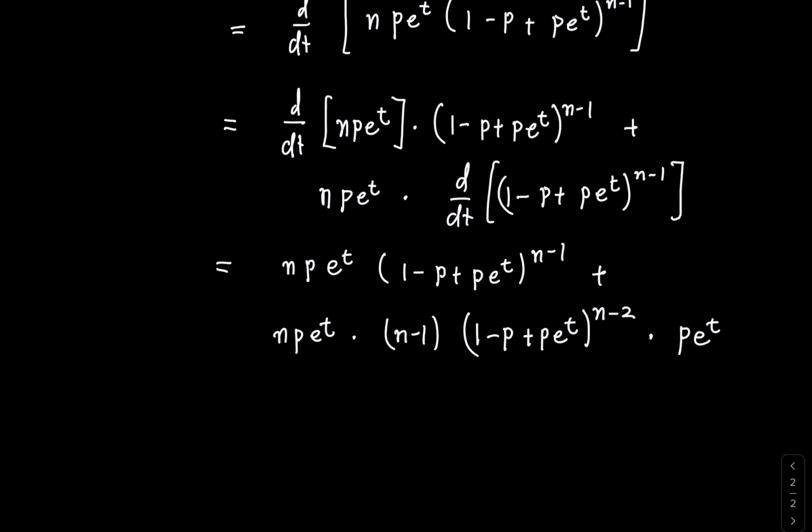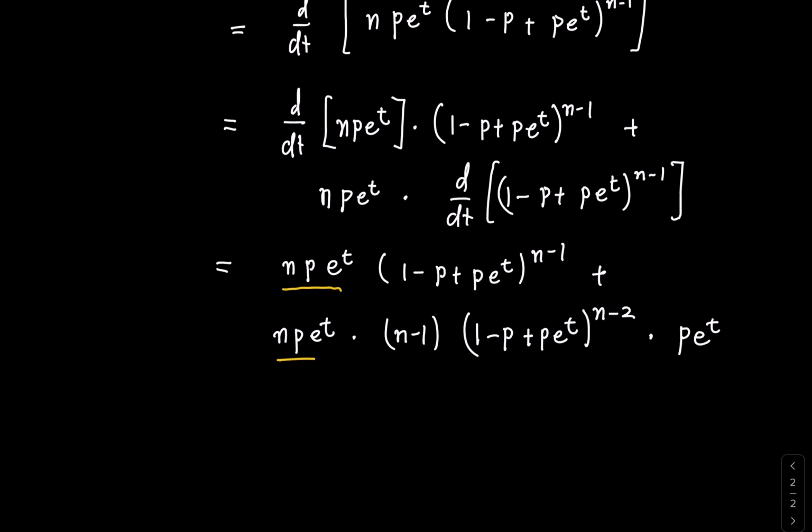Now let's see if we can come up with a common factor somewhere here. Hopefully it's possible. So the first thing I notice is these both have a common factor of np e to the t. Remember, there's a plus in the middle.